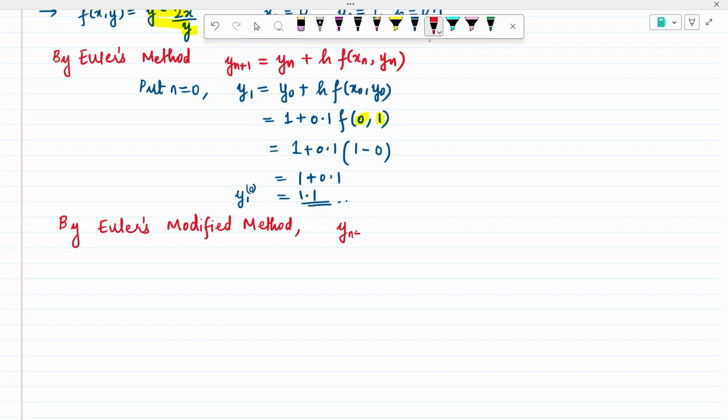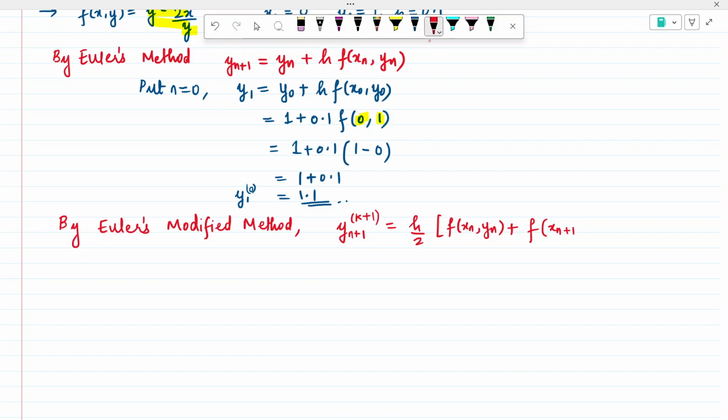your n plus 1 kth approximation is h by 2 times f of x n comma y n plus f of x n plus 1. Okay, let me not write this as kth approximation.